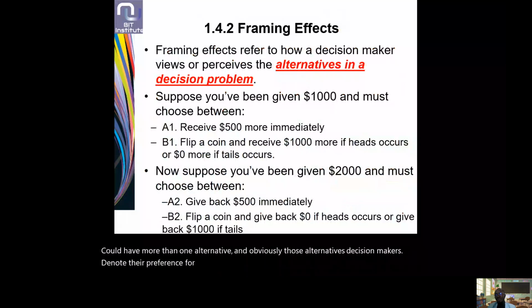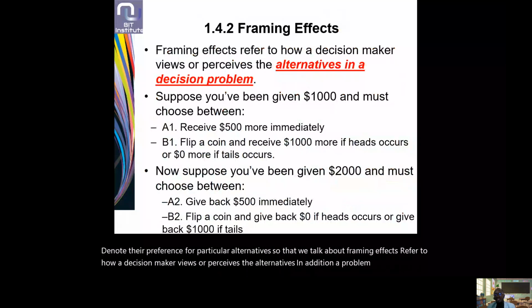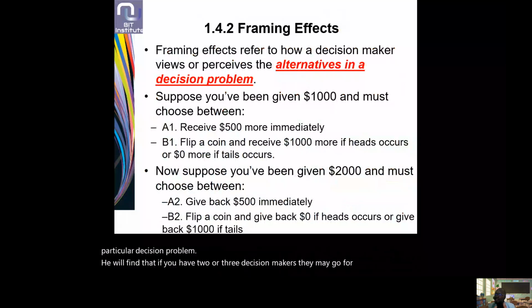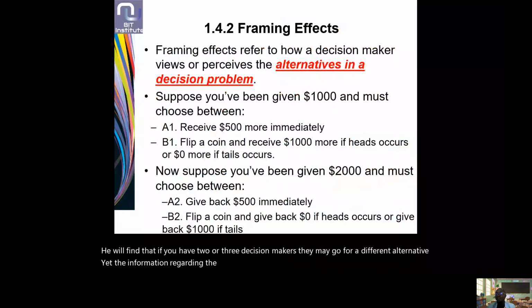So that's why we talk about framing effects referring to how a decision maker views or perceives the alternatives in a decision problem. So for any particular decision problem, if you have two or three decision makers, they may go for a different alternative. Yet the information regarding the decision situation may be the same to all of them.